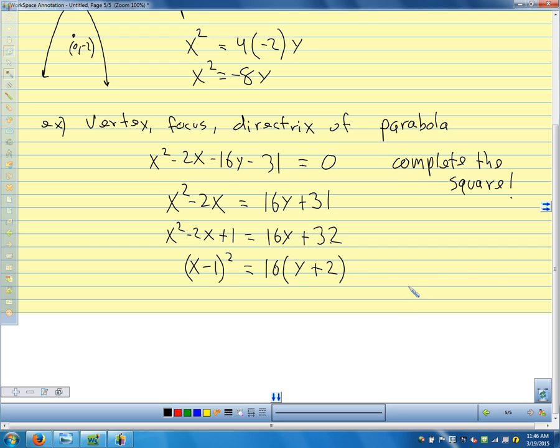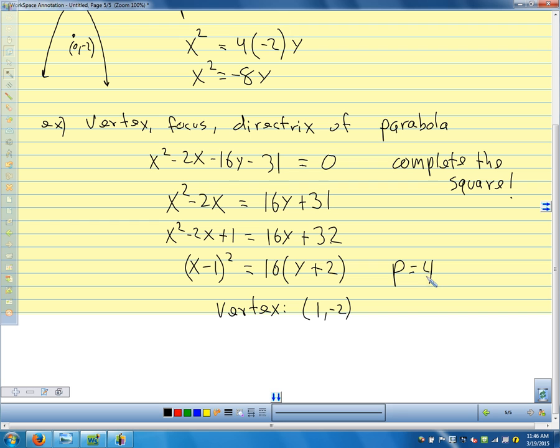So what is p here? P equals 4. This is 4p. 16 is 4p. And our vertex? 1, negative 2. Vertical or horizontal axis? Vertical.